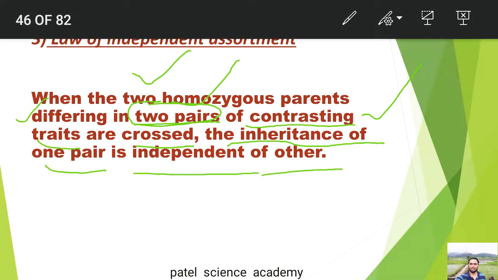So this is the statement: when two homozygous parents differing in two pairs of contrasting traits are crossed, the inheritance of one pair is independent of the other, meaning that the two pairs which are different in these parents will not be dependent on each other, and they will independently transmit in the next generation.